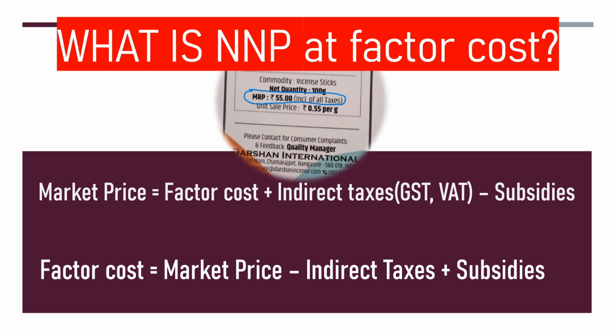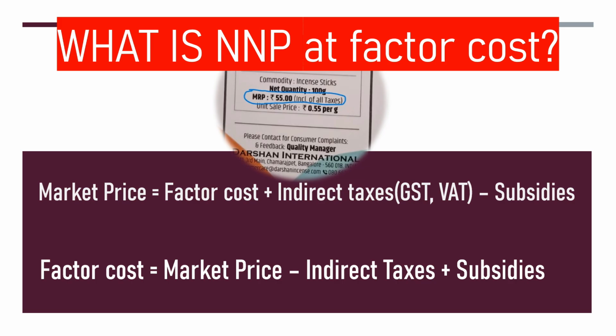As you have seen, if the government does not give any subsidy, then the cost of manufacturing the good, 150 rupees, will have to be paid directly by the customer. But when the government intervenes and gives a subsidy of 20 rupees to the producer, the factor cost decreases: 150 minus 20 is 130 rupees.